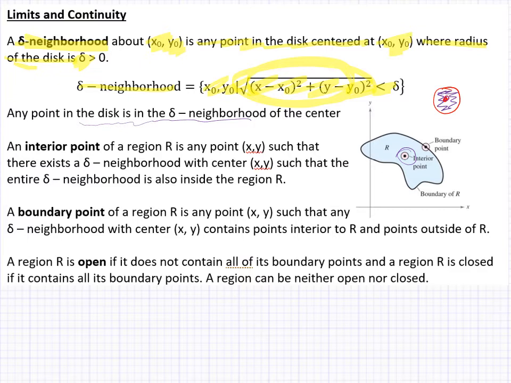All right, so then we have a region. And what we want to talk about is the difference between an interior point and a boundary point. So an interior point for some region R is any point x sub 0, y sub 0, such that there exists a delta neighborhood with its center such that the entire delta neighborhood is inside the region. So I look at a point, I look at its delta neighborhood.